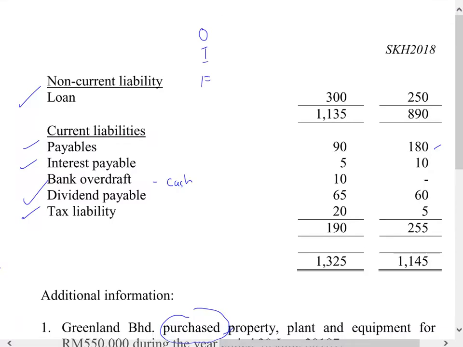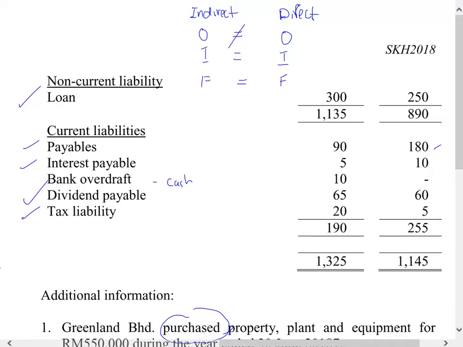OIF is for indirect, correct? Direct method also OINF, operating, investing, financing with all the cash and cash equivalent. Financing activity same. Operate and investing activity same. Operating activity will be different, but both will give the same answer. Understand? Different method to get the correct answer.